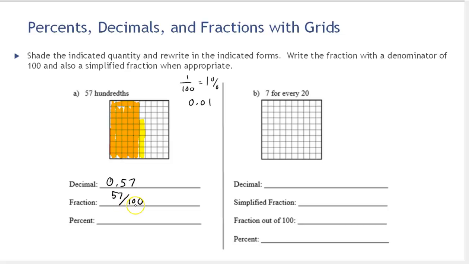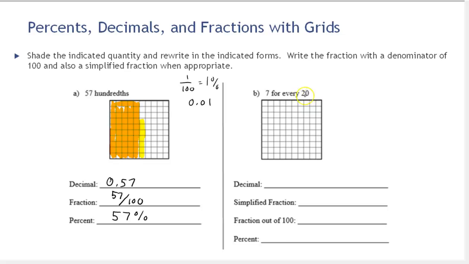This fraction doesn't simplify since 100's prime factors are 2 and 5, and 57 isn't divisible by 2 or 5. And now as a percent, we would write this as 57%. Okay. So we can say 57% of this square is shaded.